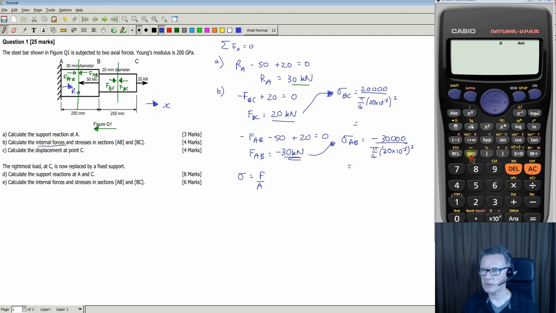Let's work out these numbers. So the top one, 20,000 divided by pi over 4 times 20 times 10 to the minus 3 squared, close the bracket, press the Eng button. So we get 63.662 times 10 to the 6, megapascals.